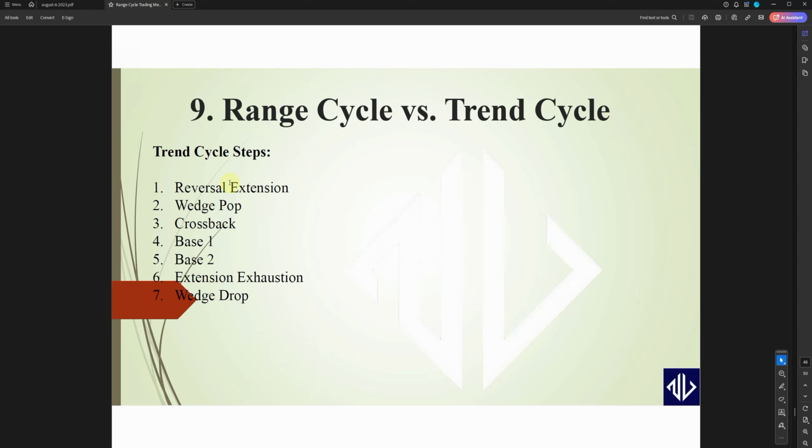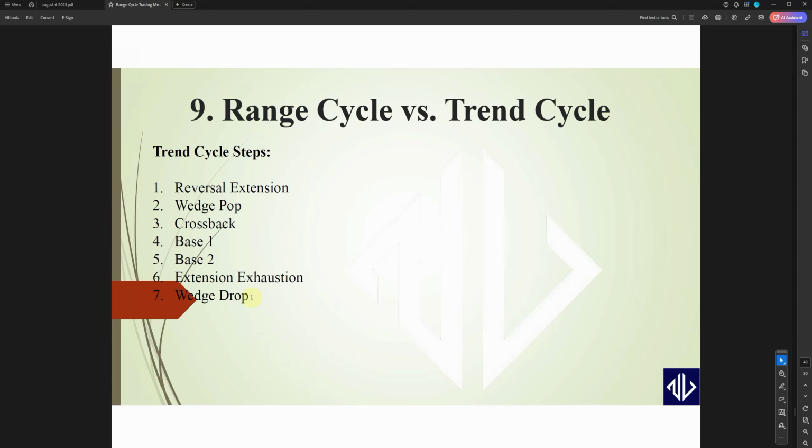So the trend cycle has basically several different steps: the reversal, extension, wedge pop, crossback, base 1, base 2, extension, exhaustion, and wedge drop. So why do we need these things? First, we have to understand why we need these things in our SMC trading.